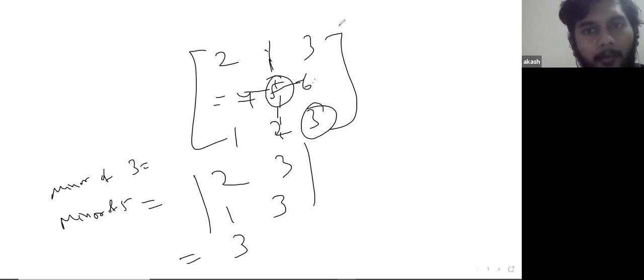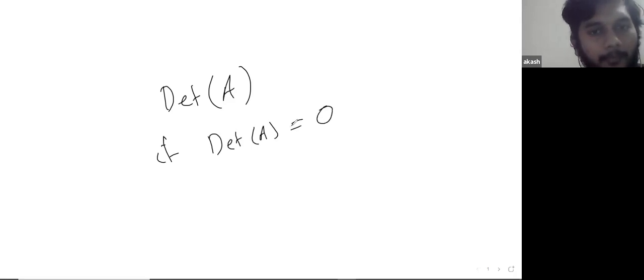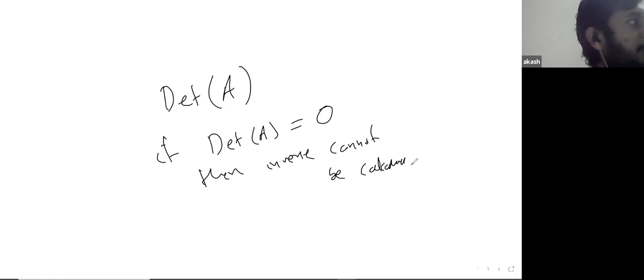The first step to calculate the inverse of any matrix is to calculate the determinant of that matrix. If determinant A is equal to 0, then the inverse cannot be calculated.